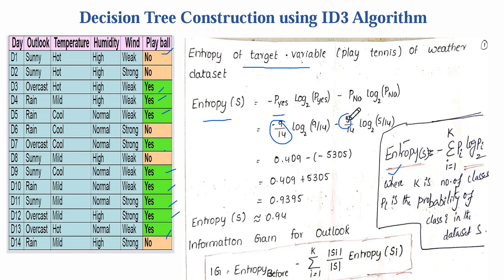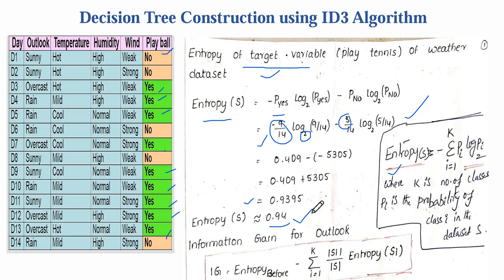Remember the base of the log is 2. Simplifying this equation, we get 0.9395, which is nearer to 0.94. That means the entropy value of the target variable is 0.94.